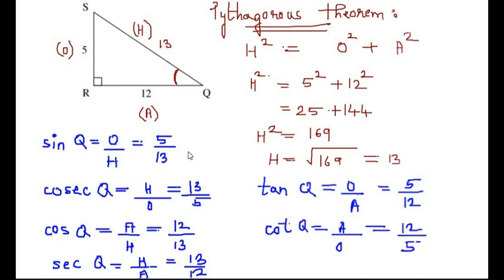So you have got all the 6 trigonometric ratios. As an exercise, you can try taking angle S as the angle of concern and find all the trigonometric ratios.